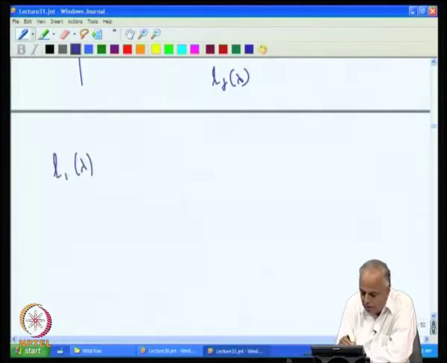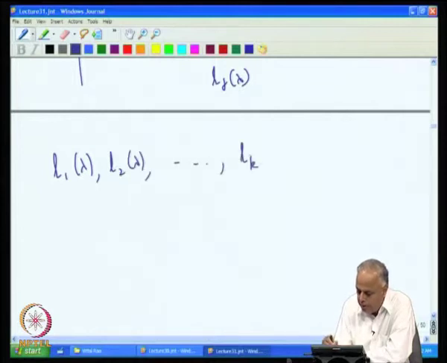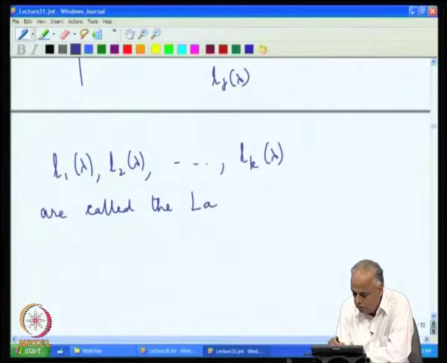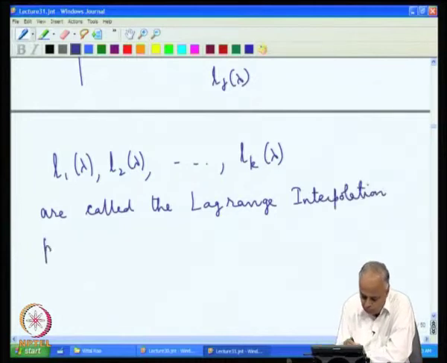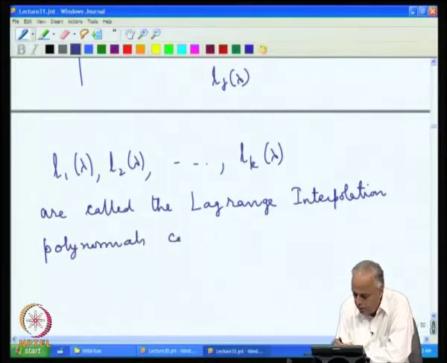So we have these k polynomials L1 lambda, L2 lambda, Lk lambda, which are called the Lagrange interpolation polynomials corresponding to the points lambda 1, lambda 2, lambda k.